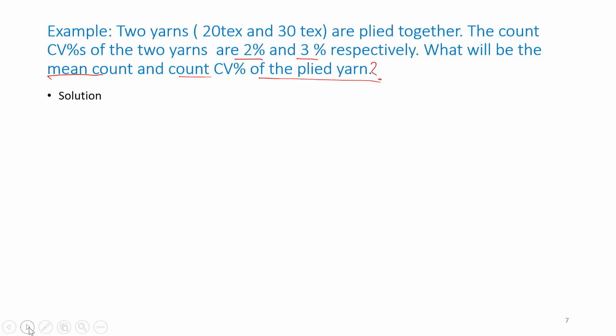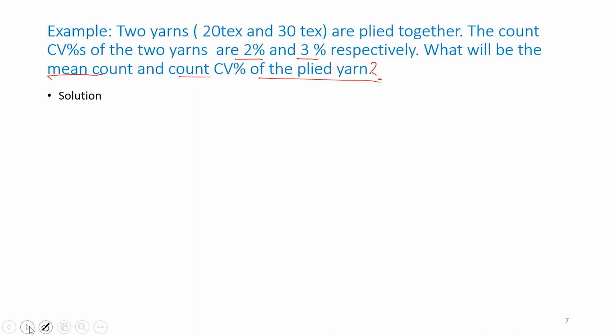So we will assume that this phenomenon of twisting and retwisting has no effect on contraction, retraction or extension of the two individual yarns, as if the two yarns are lying parallel to each other when they are plied.